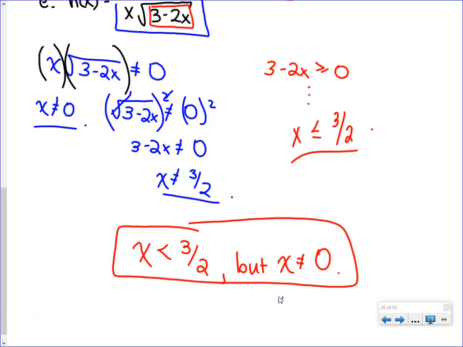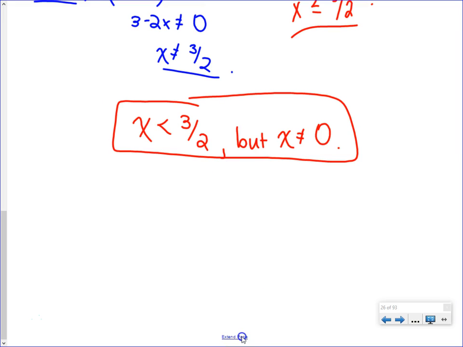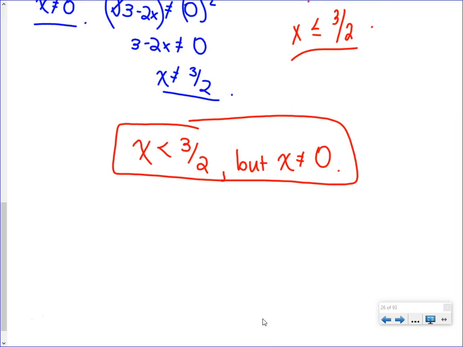Now, I think you guys might have seen something called interval notation last year. It's possible. So I'm just going to show this as a little extra. Another way of writing the answer would be a little bit neater, a little bit nicer, a little bit more professional, I suppose. You would say something to the effect of x is an element of negative infinity to 0, union 0 to 3/2.